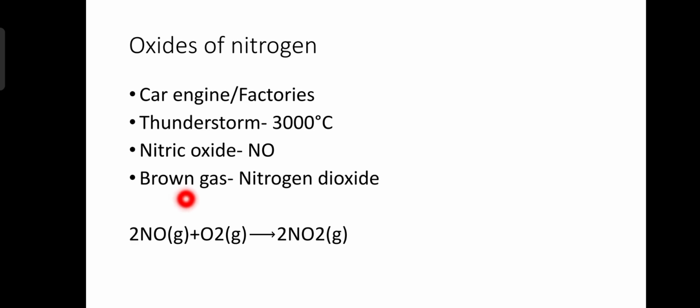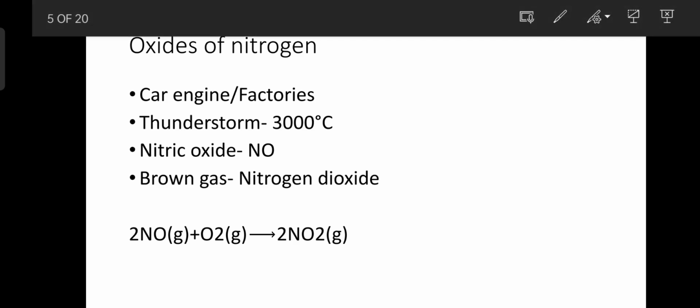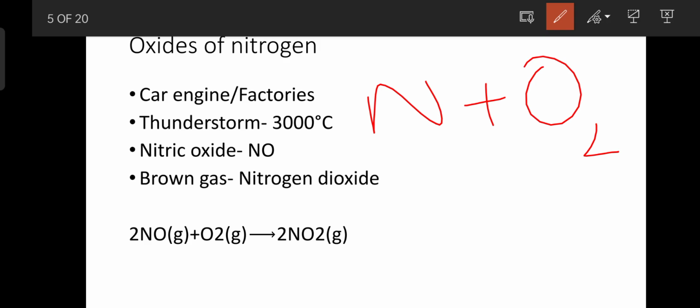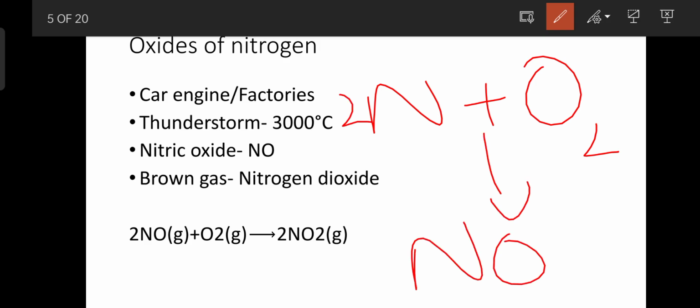Nitrogen dioxide is a brown gas, known as an oxide of nitrogen, and it forms as an air pollutant. For the reaction of nitrogen with oxygen to form nitrogen monoxide, high temperature is needed.